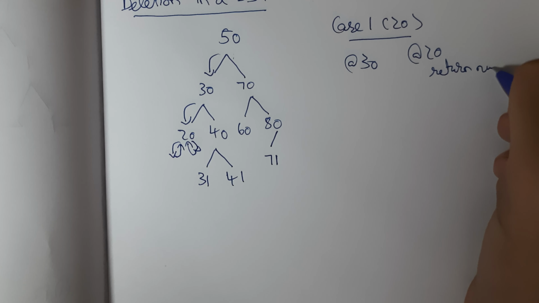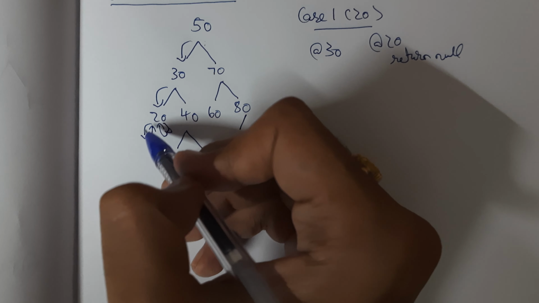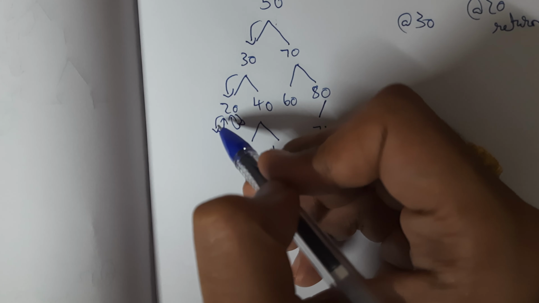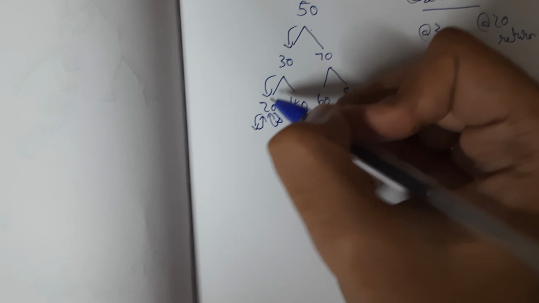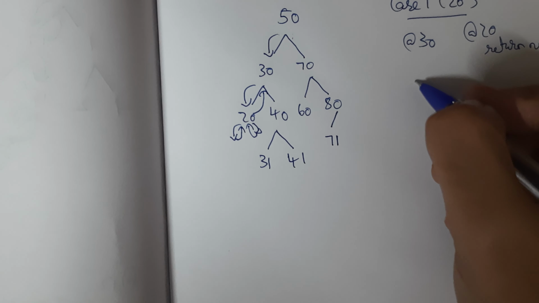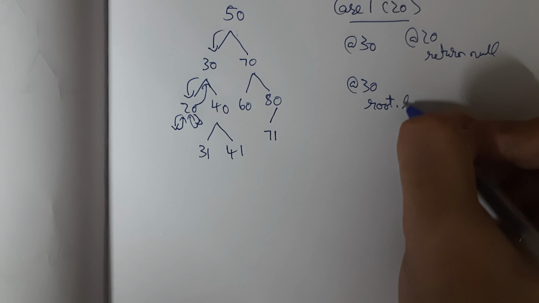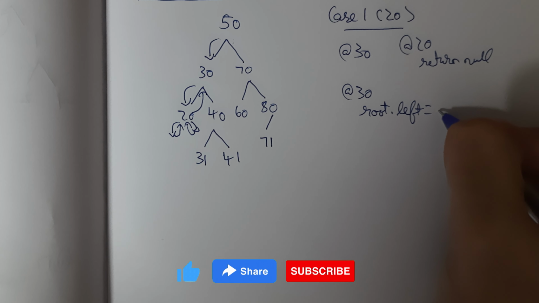So at 30 we go to 20 and at 20 we return null. What this basically means is in this node both the values in the subtrees are null. So we return either of these null values and this null value goes back to 30. So at 30 the root dot left value is now currently null.